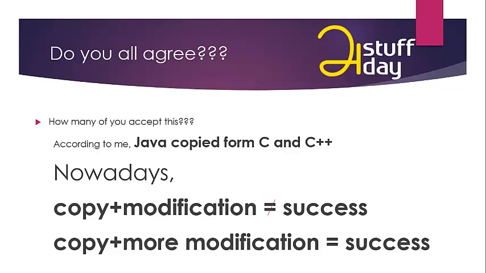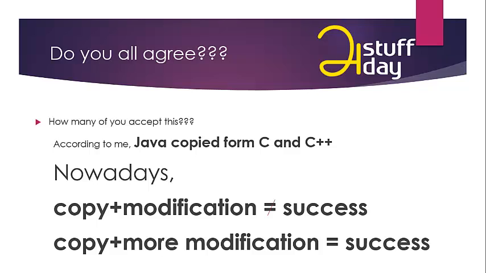Gosling is a copier. I will say Gosling is a copier because C was started in the year 1969, and Java was started at 1991. So Gosling was keenly watching what Dennis Ritchie was doing, and he modified the code and brought it to a success.